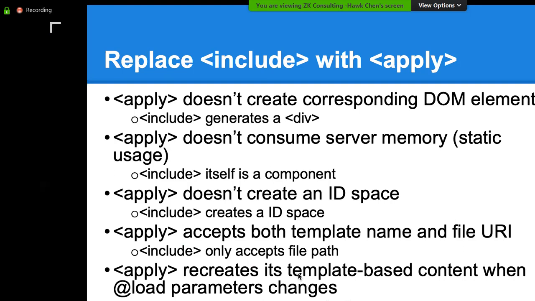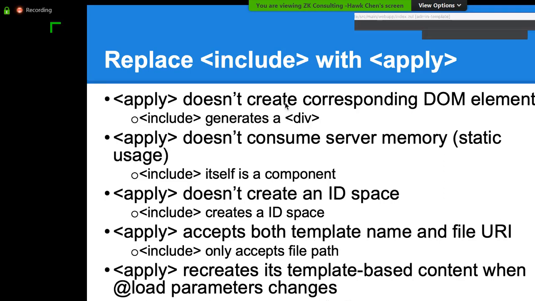And apply will refresh; it recreates its content when the parameter changes. But with include, if you want to reload the page inside it, it's a bit inelegant. You need to set the src attribute to another value and then set it back to the original value.